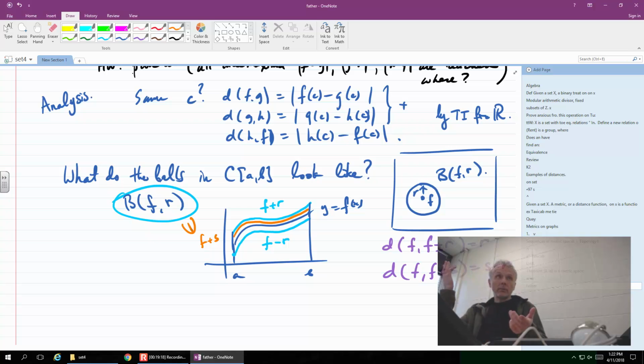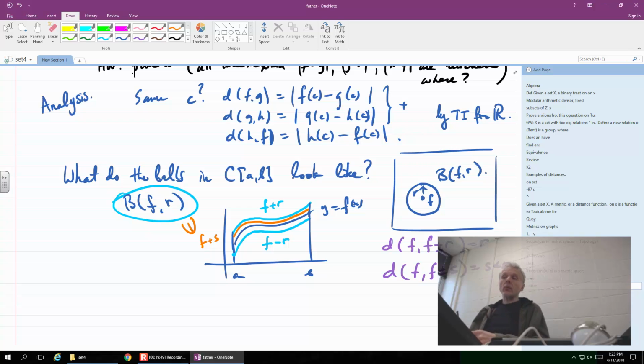But are there more? What about other functions that are as close to f as these? The distance between f and this function f plus s is exactly s, so it is an extreme example.